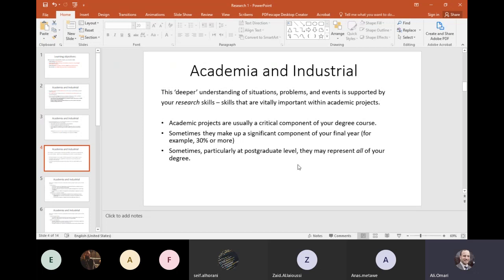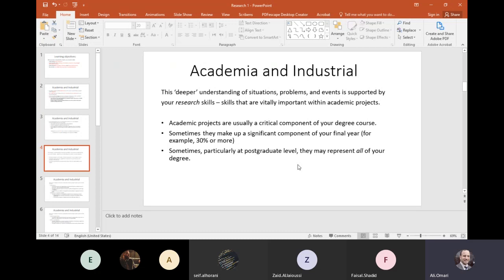To be able to be a critical thinker or give more opinion, you must have a deeper understanding of your project, situation, problem, and event, and how you accomplish that is by gaining research skills.